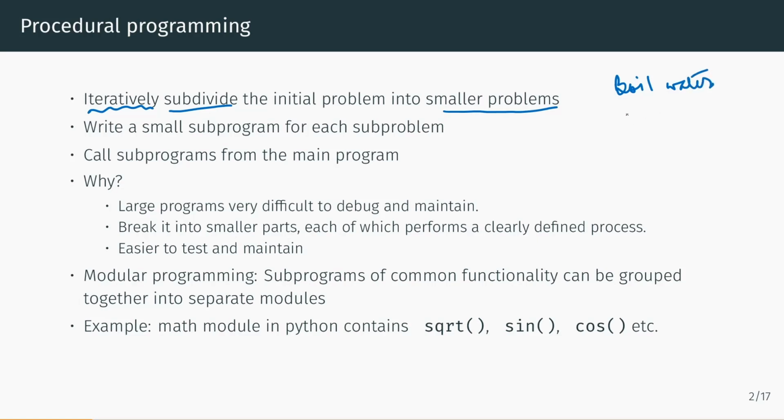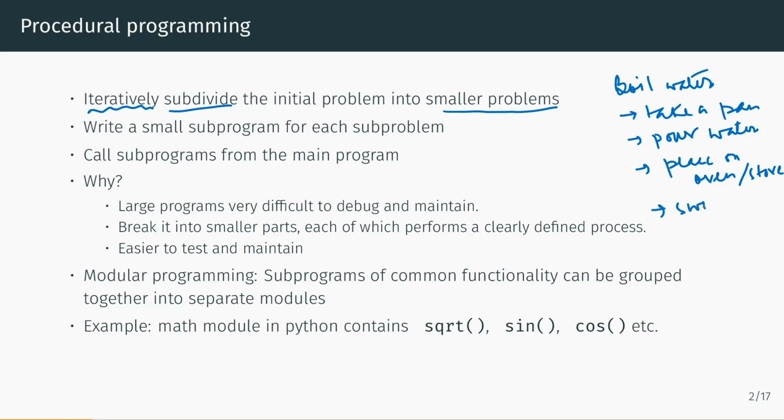The boiled water step itself can be subdivided. Take a pan, pour water, place it on the oven or stovetop, switch on the stove.